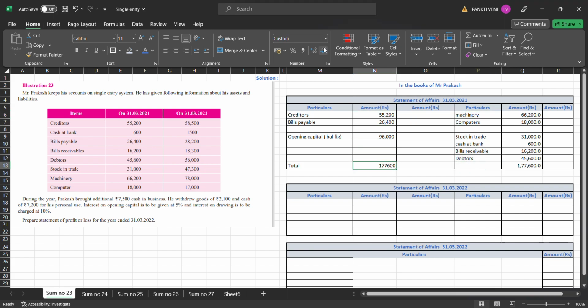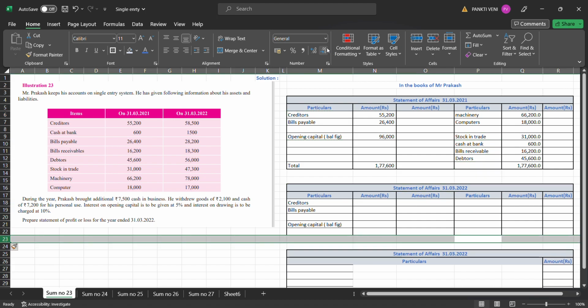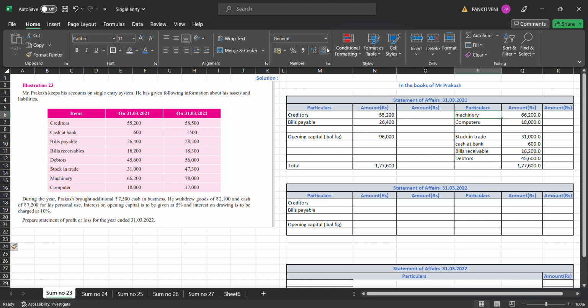In the same way I'll prepare my closing balance sheet. Same content for my closing balance sheet.